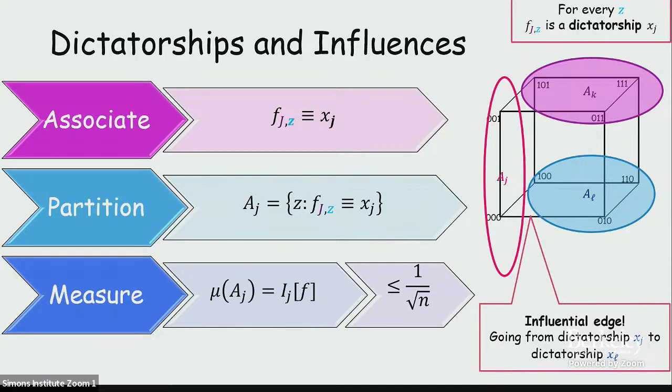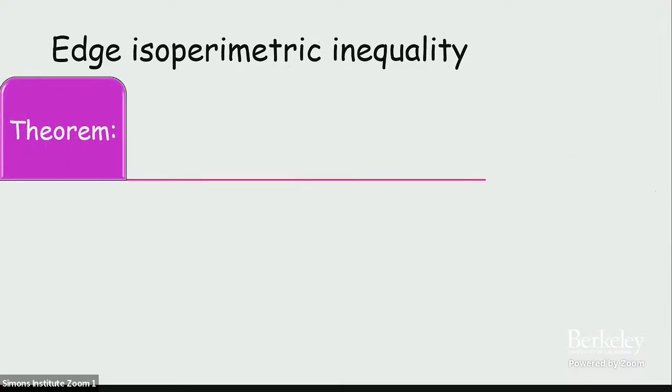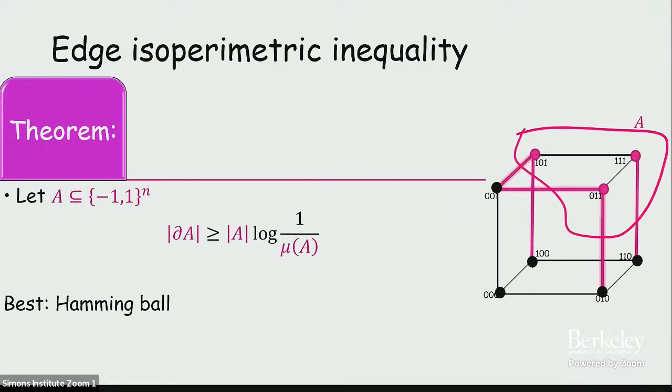Okay. So let us count how many edges we have in between. Luckily, we have the edge isoperimetric inequality that says that if we have a small set in the Boolean cube, then we have many edges going outside of it.